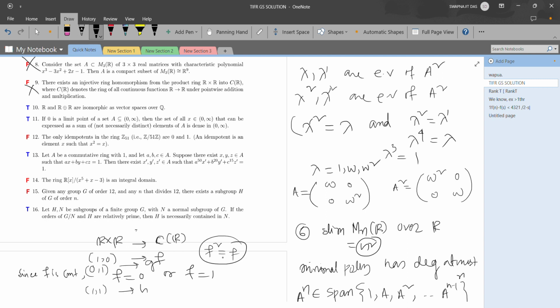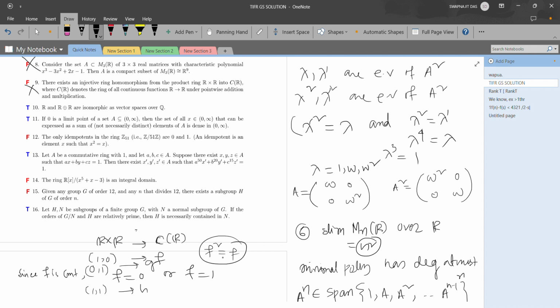R and R direct sum R are isomorphic as vector spaces over Q. That is true, right? Because the dimension of R over Q and the dimension of R plus R over Q are both the same. We know that two vector spaces are isomorphic over some field F if and only if their dimensions are the same.